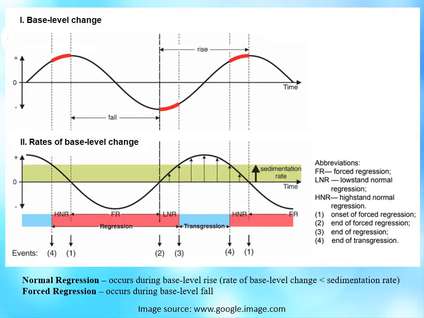Now the previous picture is the very simple one, where we consider only the rate of increase or decrease in sea level, that is only the rate of increase of the water body.